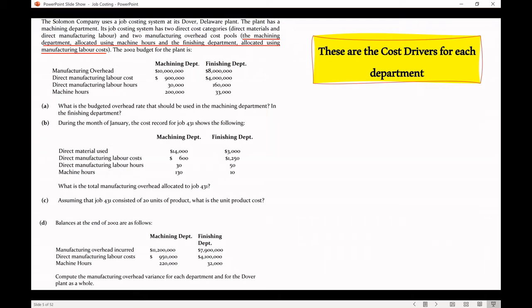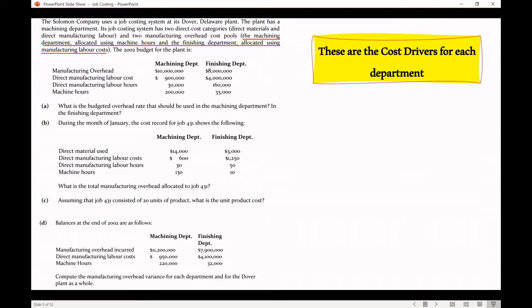So from the get-go, we would have seen our cost drivers, right? For the machining department and for the finishing department, based on the sentence there. So the first part asks, what is the budgeted overhead rate that should be used in the machining department and in the finishing department?